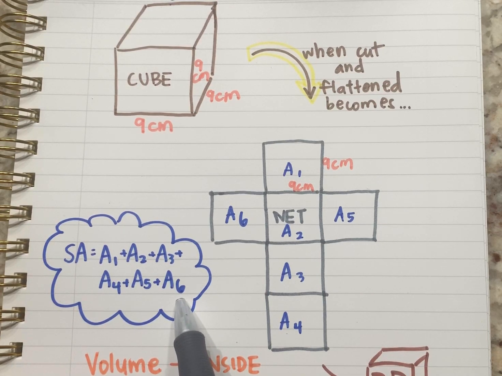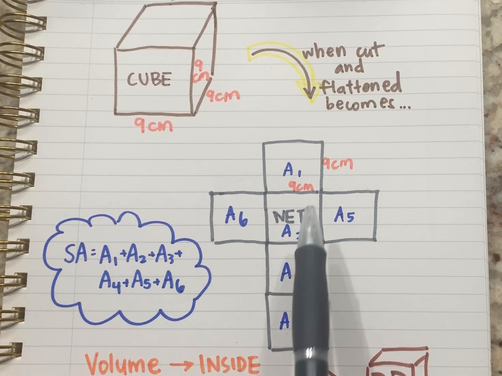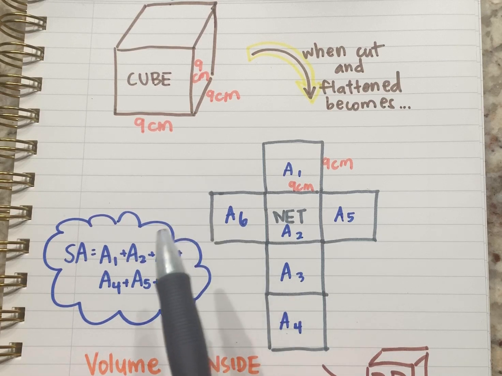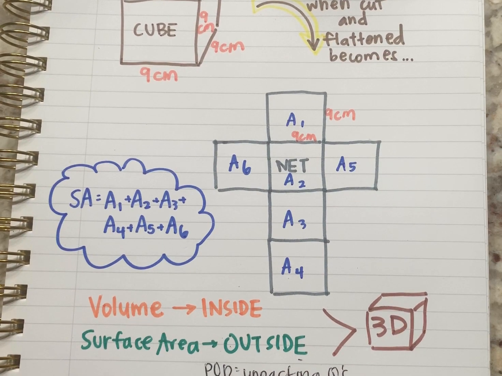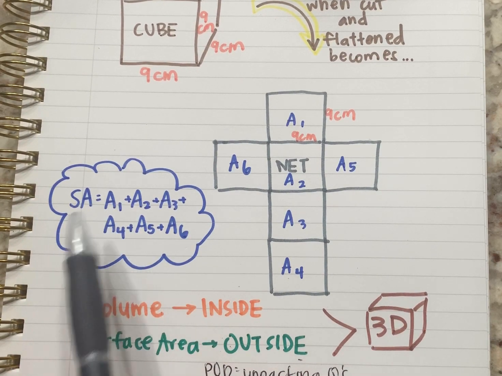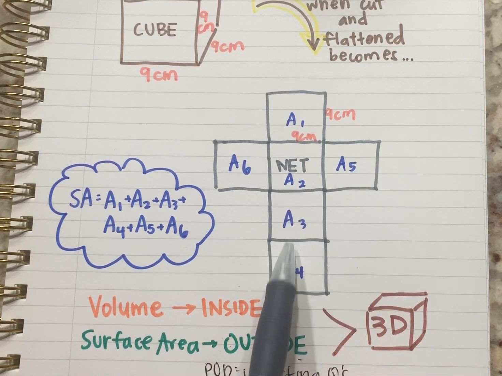This looks somewhat similar to perimeter, because with perimeter we're looking at the outside of a flat surface. Here, you're looking at the outside of a 3D shape, okay? And so that's why you see that we're adding all of the areas for each face.